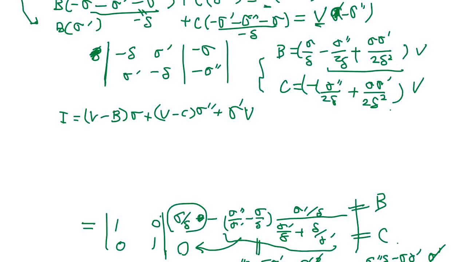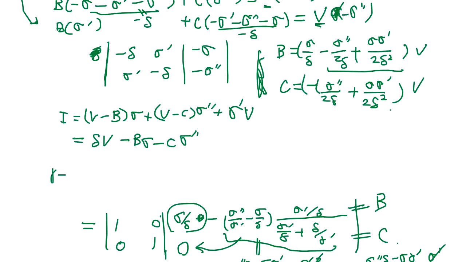Okay, so B minus B, so we negate this and multiply sigma, and V minus C, so negate this and multiply sigma, so it's going to be delta V minus B minus C, the VC is given here, is I.